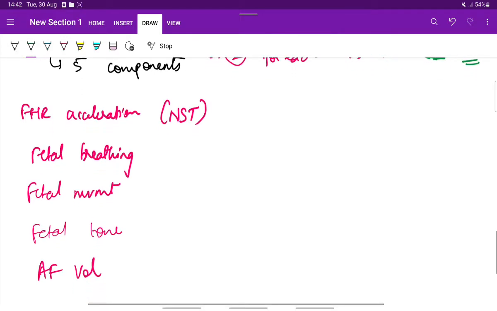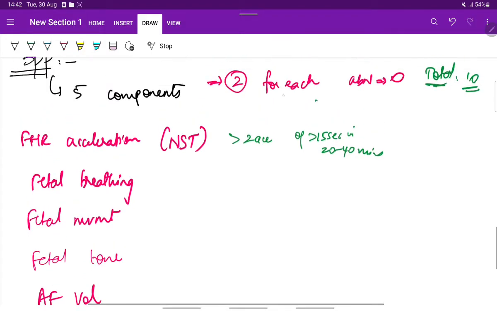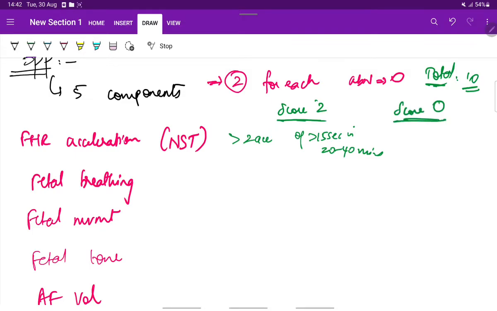So, in each component, first in non-stress test, more than 2 accelerations of more than 15 seconds each in 20 to 40 minutes is said to have score 2. And when it is 0 or 1 acceleration in 20 to 40 minutes, it is said to be of score 0.